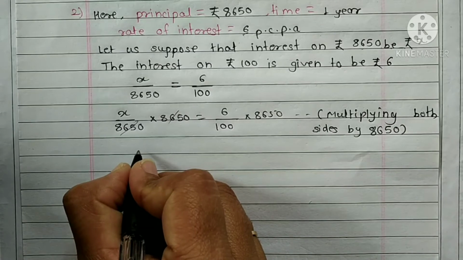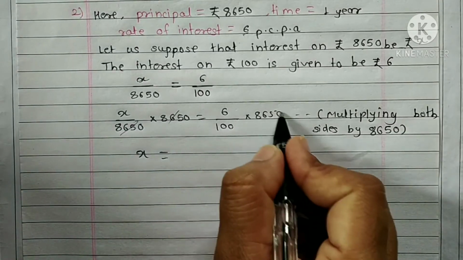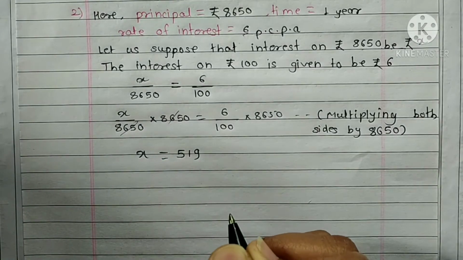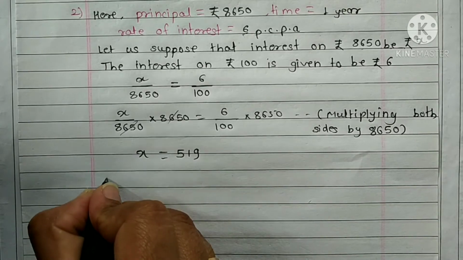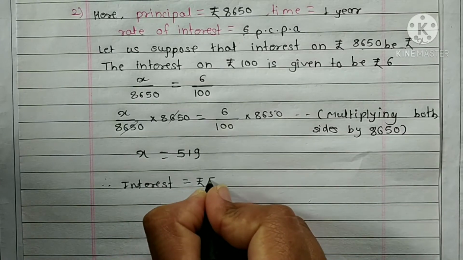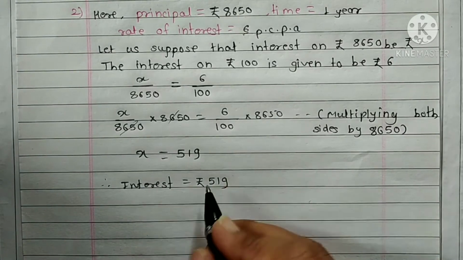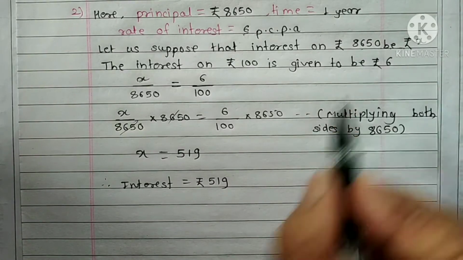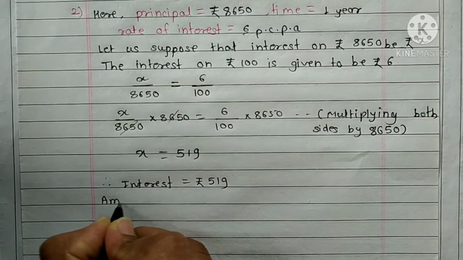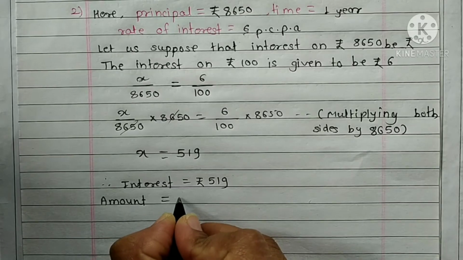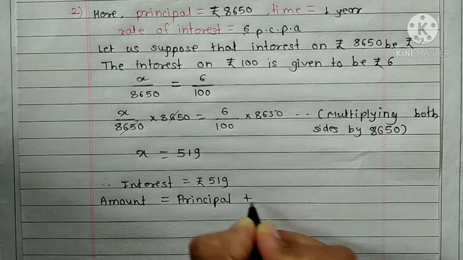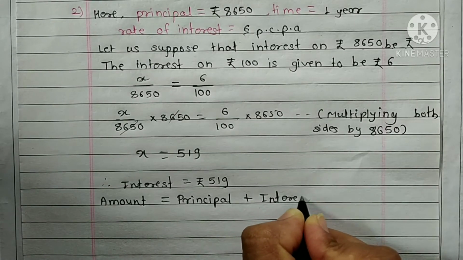Now solve this. 8650 cancels. Here remains only x, and after simplification you get 519. That means interest is rupees 519. So interest on rupees 8650 is rupees 519. Now we have to calculate amount. Amount equal to principal plus interest.